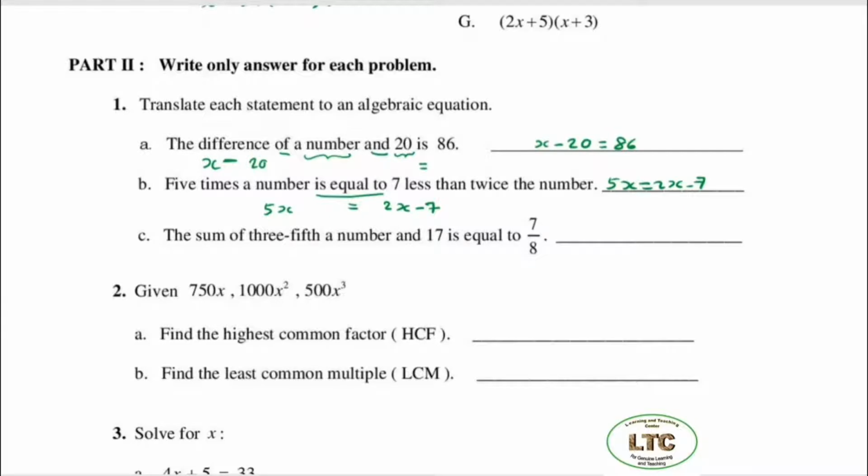The sum of 3/5 of the number, 3/5 x, and 17: 3/5 x plus 17 is equal to 7/8.